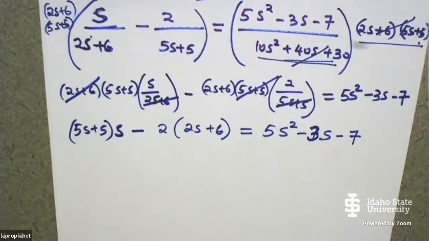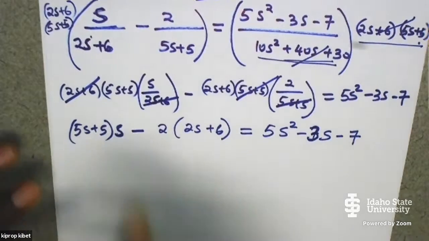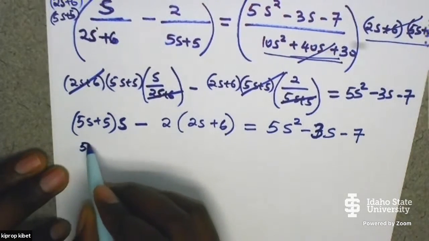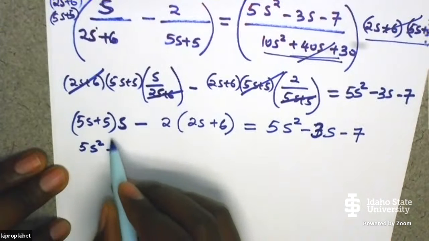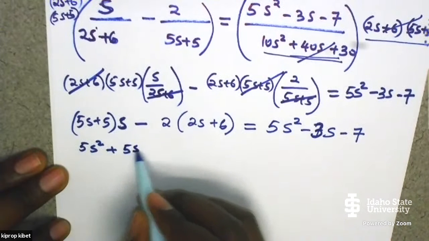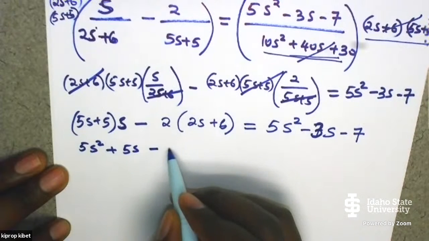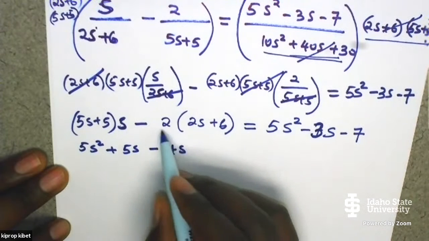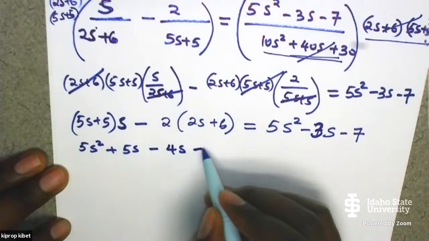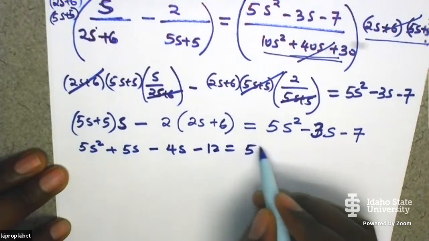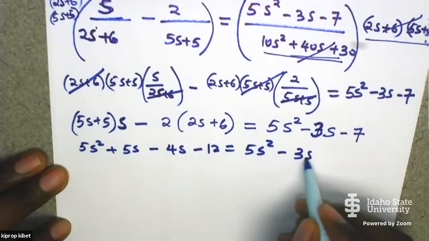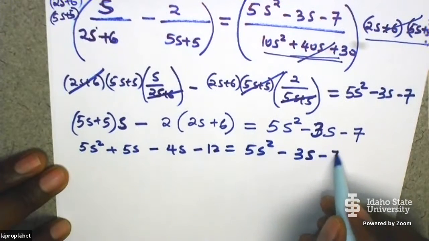As you can see, the denominator has now been cleared, so we can open those brackets. 5s and s will be 5s square, plus 5 and s is 5s, minus 2 and 2s is minus 4s, minus 2 times 6 is minus 12, equals 5s square minus 3s minus 7.